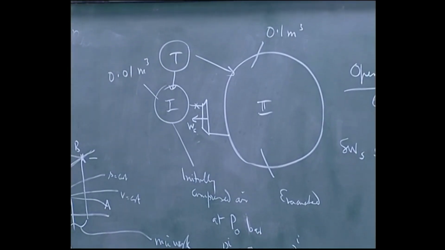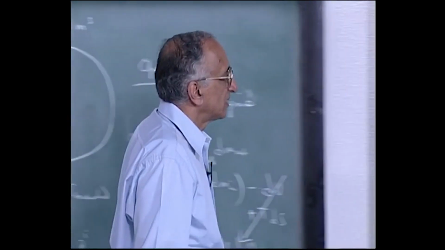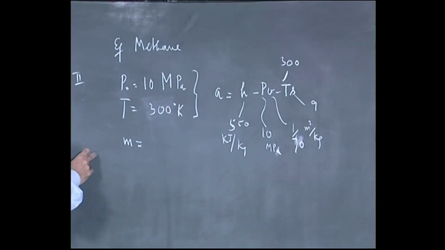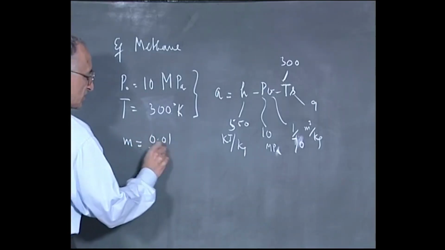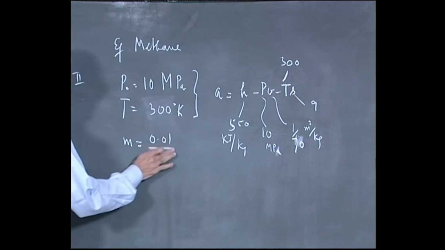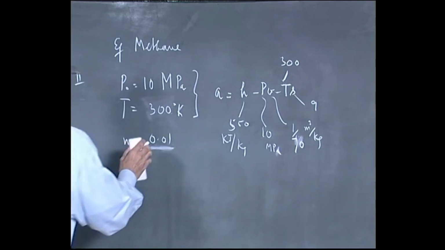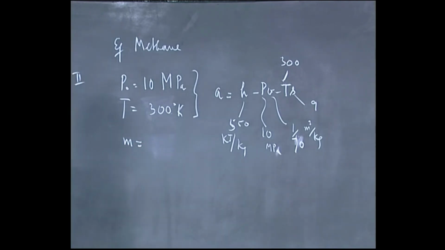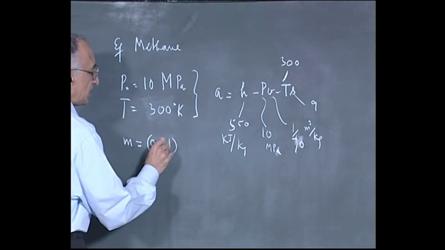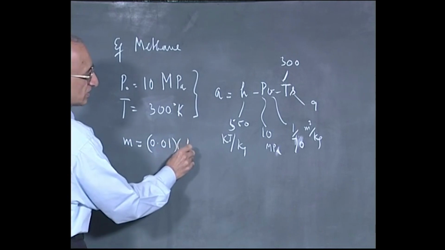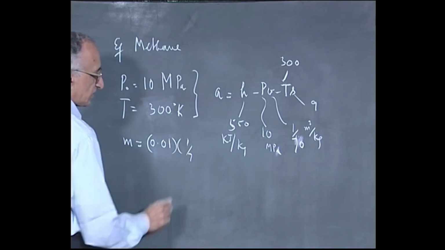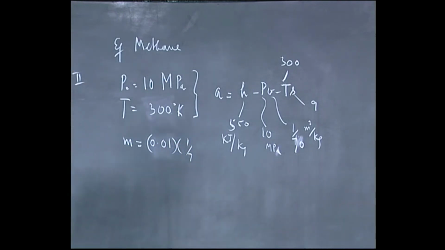I am just giving you some numbers. This will be strapped on your back. So the m will be 0.01 meter cube multiplied by the density. In this case he is giving you density. Actually those are constant volume lines, the same as constant density lines, they have marked the density on it, that is all. 0.01 into the density, we just saw 70 kg per meter cube.